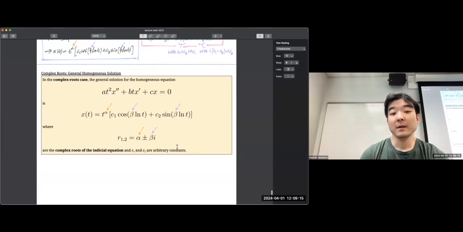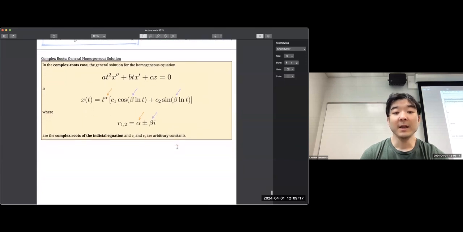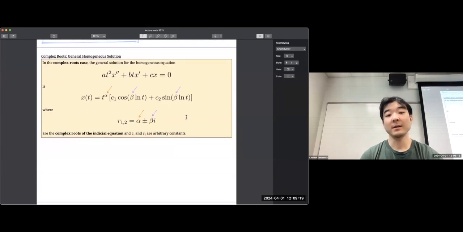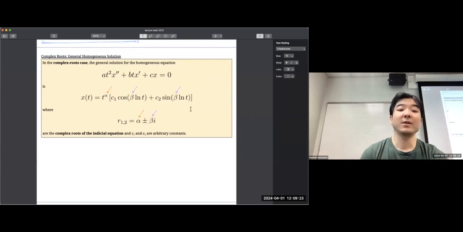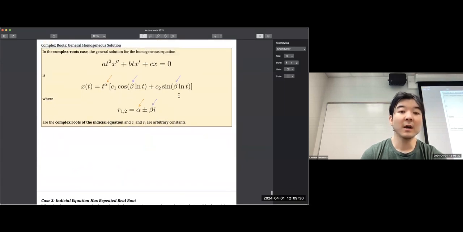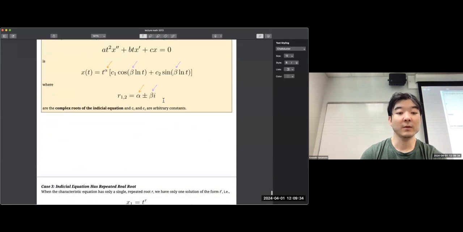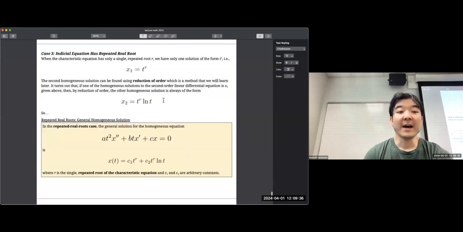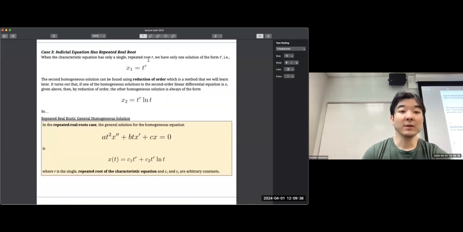It's different than the constant coefficient case because it uses this different solution form and a different differential equation, and behind the scenes you are using Euler's formula as well. You don't have to know how to derive this solution form, but at least you know where it comes from: it's from Euler's formula.